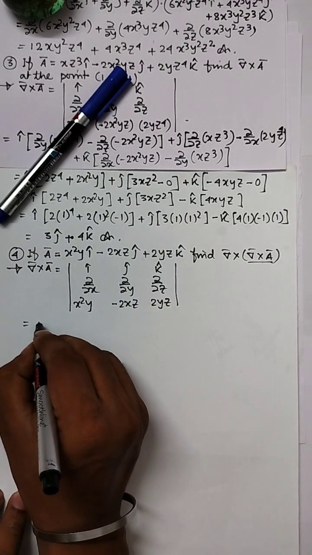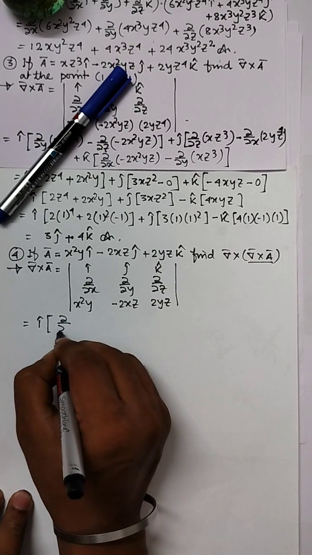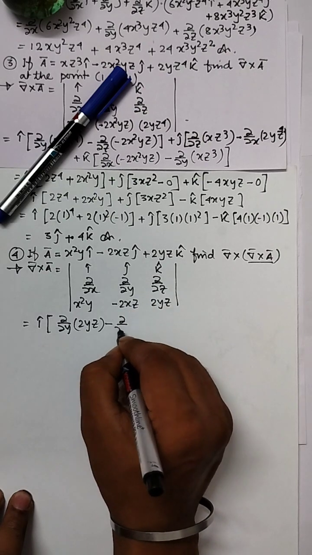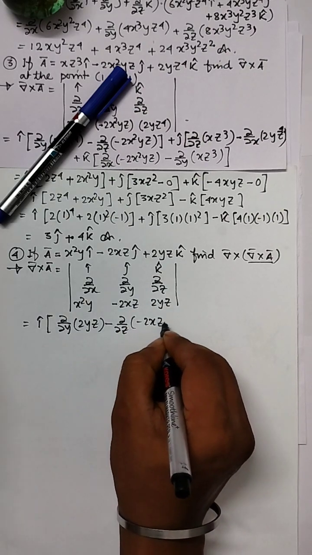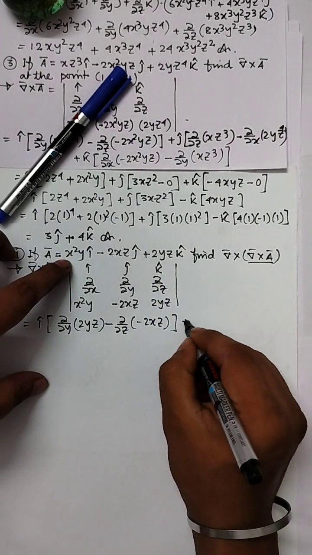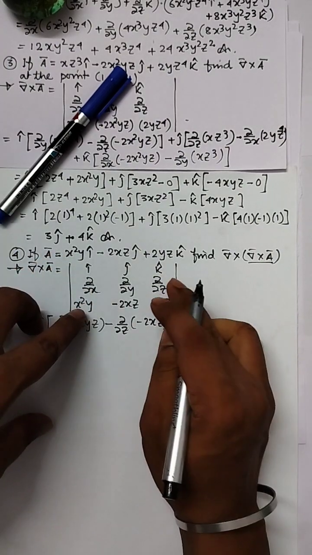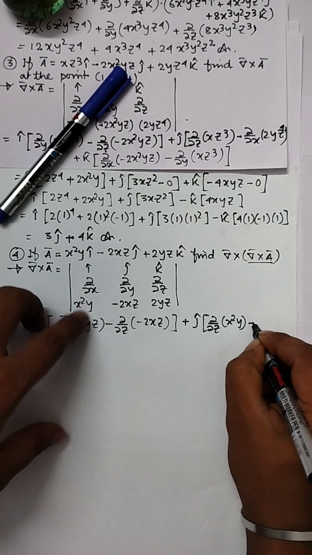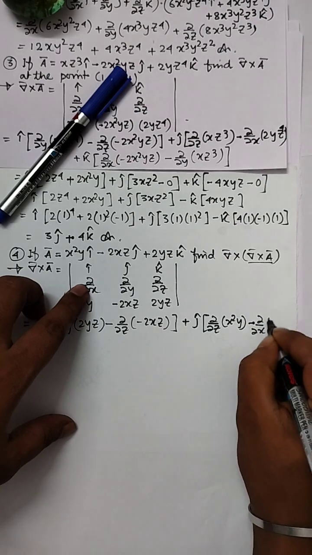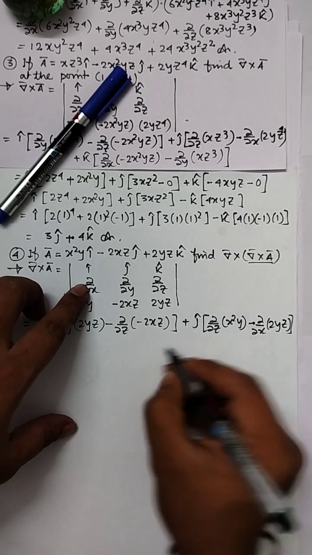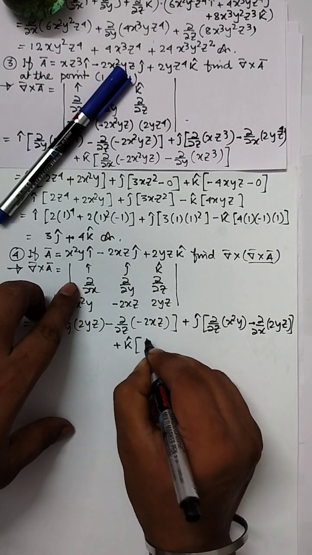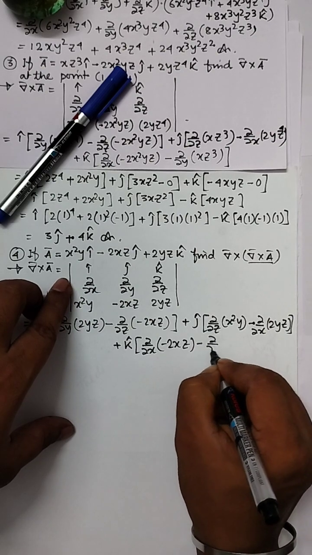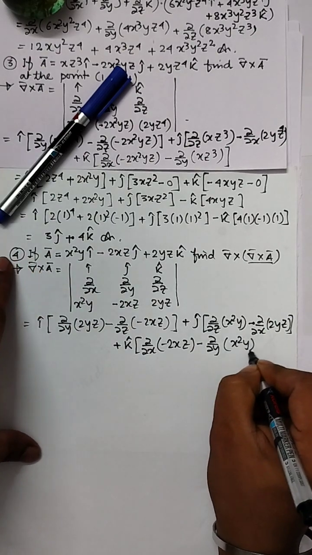After solving this determinant: i of ∂/∂y of 2yz minus ∂/∂z of (−2xz), plus j of ∂/∂z of x²y minus ∂/∂x of 2yz, plus k of ∂/∂x of (−2xz) minus ∂/∂y of x²y.